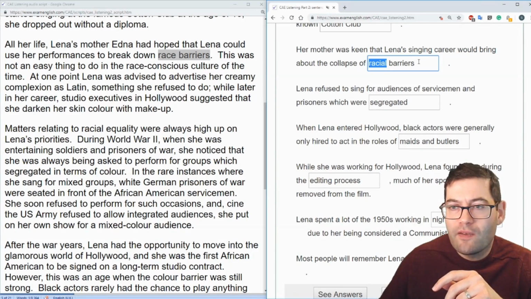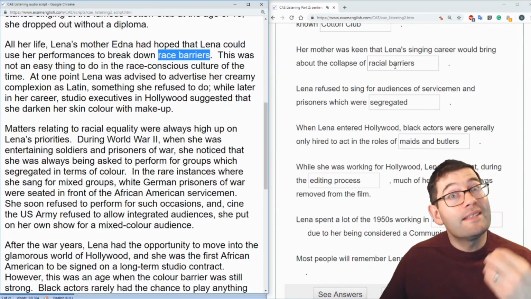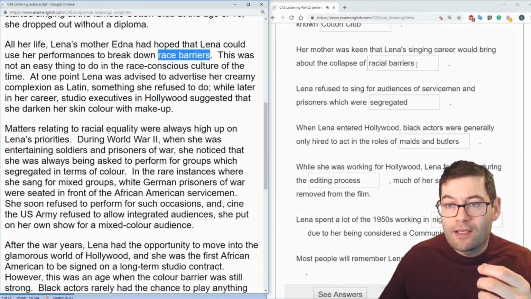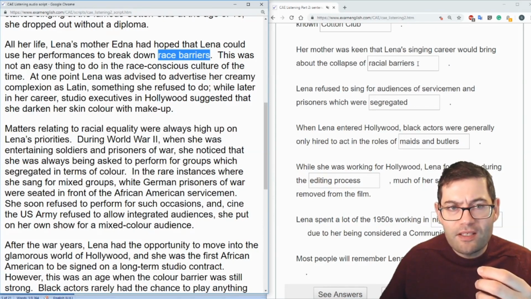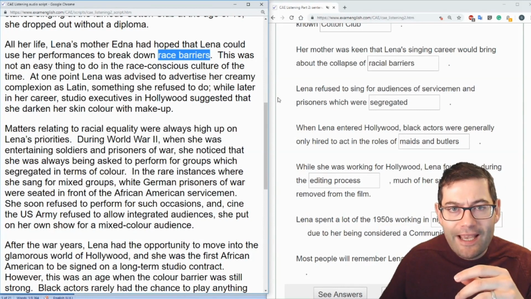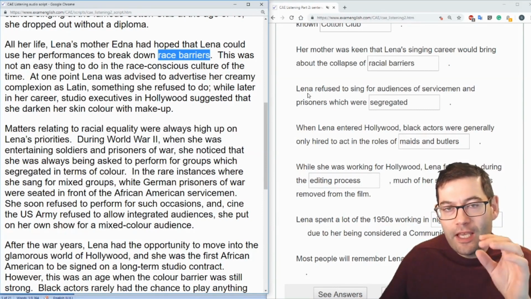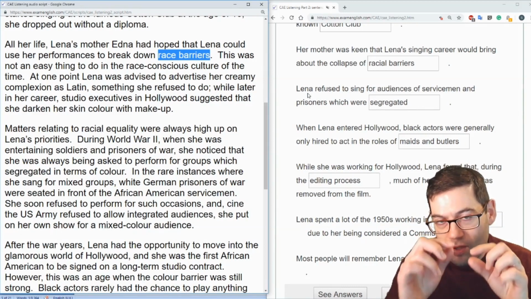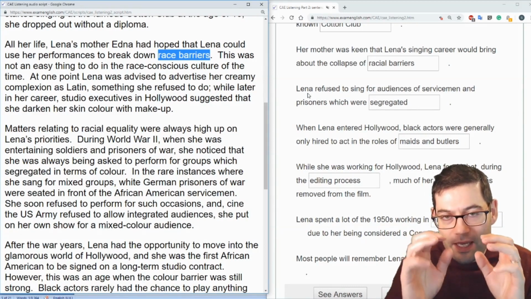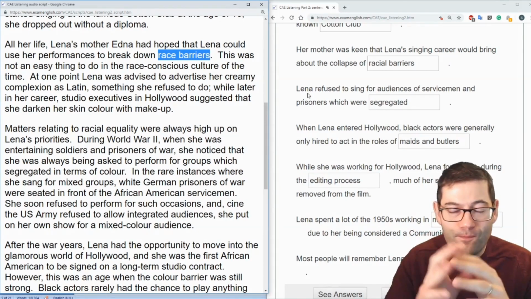But here it suggests racial barriers. I think this is a bit tough. I think the answer can also be race barriers as well. As a noun phrase, that fits and grammatically fits very well. So I think if you wrote down race barriers it should be fine. And also in the handbook for the CAE Advanced, it does say if you write down the words which are used in the listening task, you should be correct.